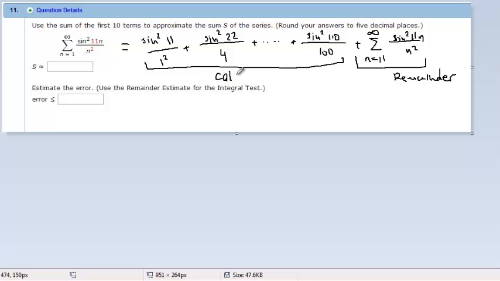Again, I can use a calculator to compute the sum of these first 10 terms, and I can put that here. That takes care of the first part. In the second part, I want to find an upper bound for the error. So where is the error? The error is this remainder term, and I want to approximate this remainder, this error term.